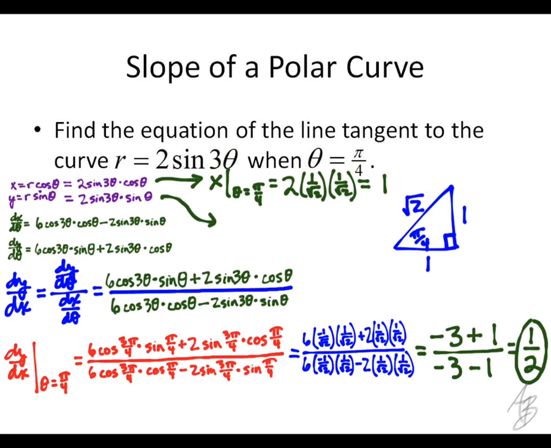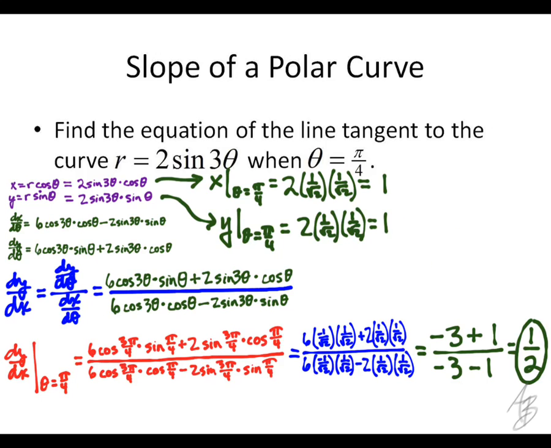And then for y, when theta equals pi over 4, we're going to get 2 times 1 over square root of 2 times 1 over square root of 2, which is 1. So we get what point? 1, 1. So the tangent line is going to go through the point 1, 1 and has a slope of 1/2.